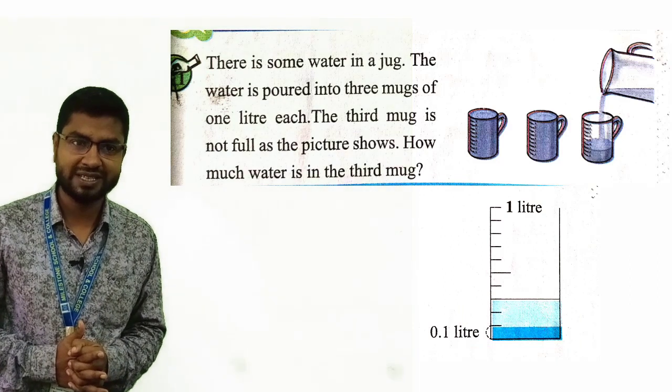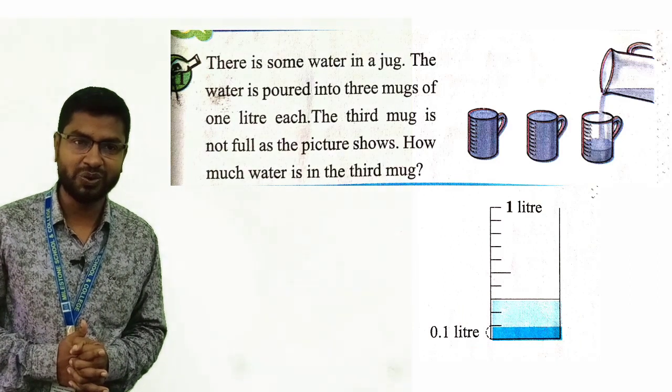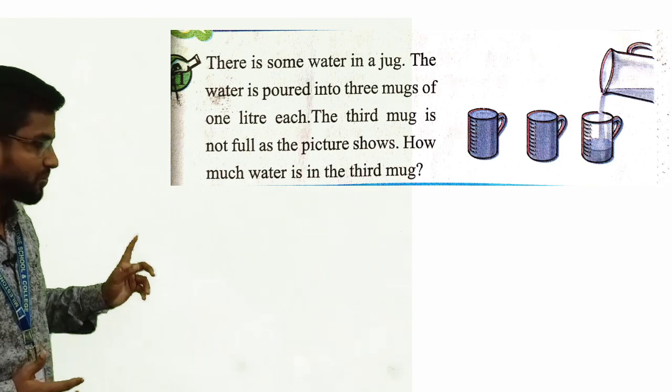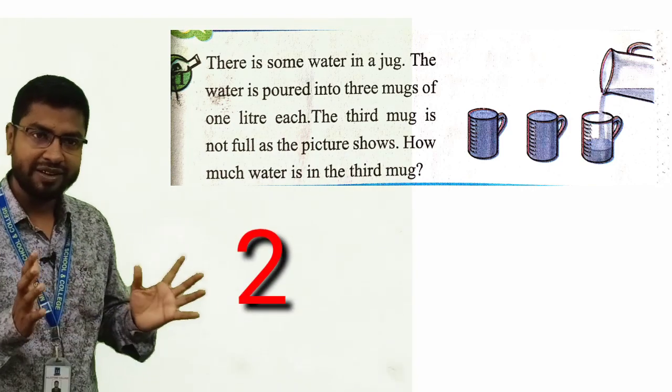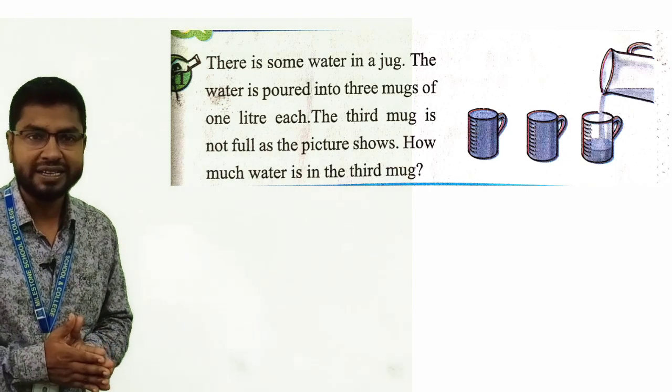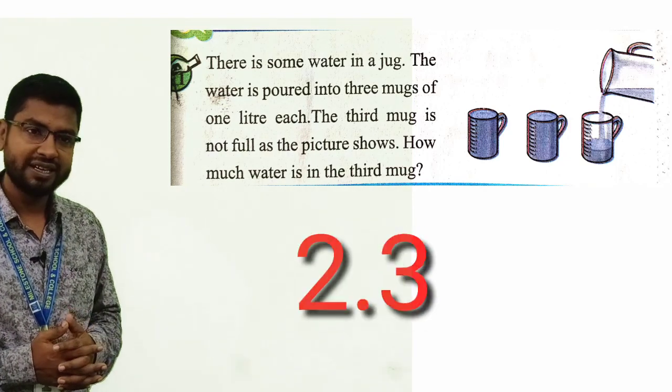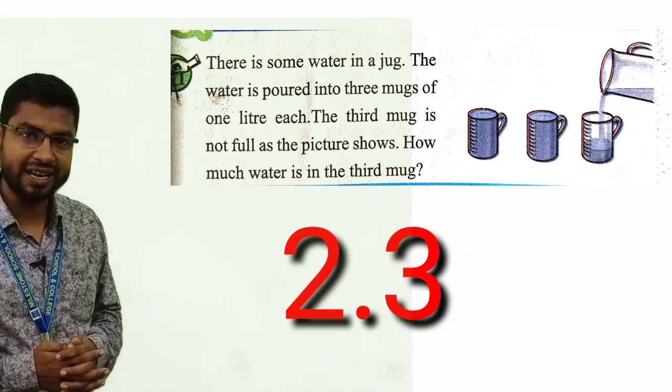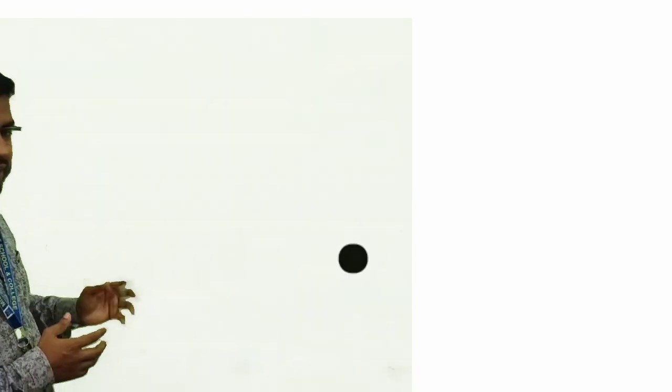How can we express it? 2 whole mugs and 3 by 10 part. We express this as a decimal fraction. Can you guess which topic we are going to learn?